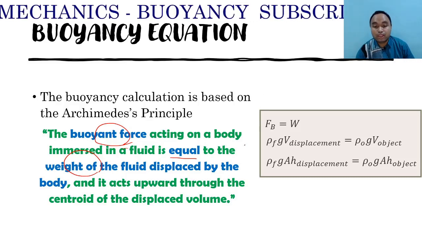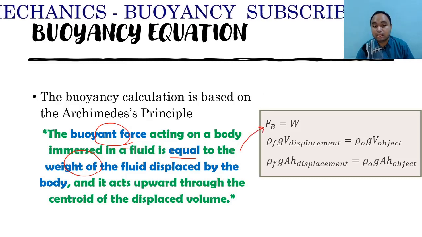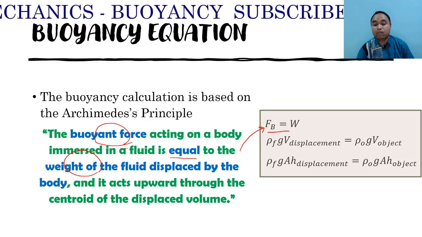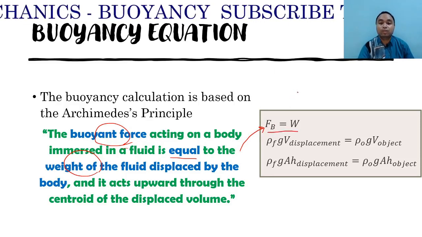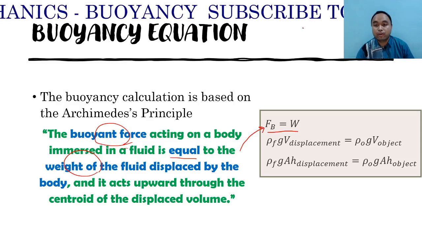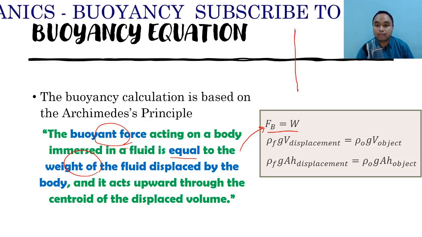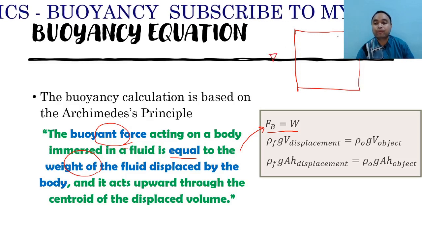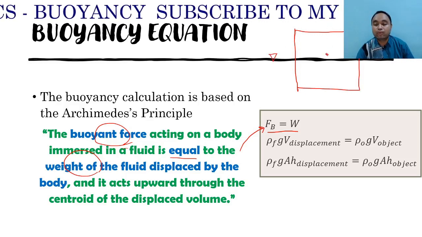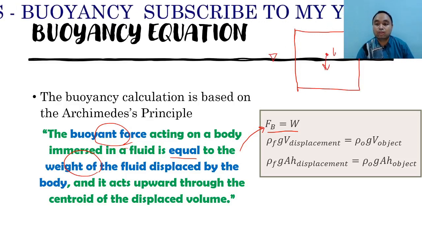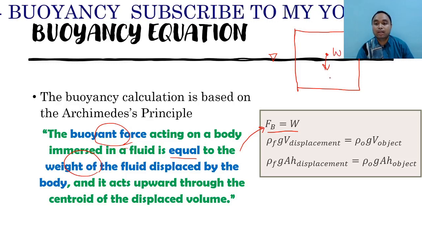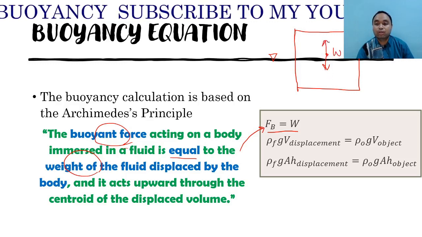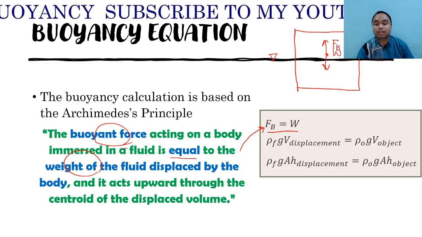These words can be represented with this equation: force of buoyancy is equal to the weight of the body. If you have a body like this, and we assume this is the surface of the liquid, the weight of the object will go downward like this, and the force of buoyancy will go upward like this.